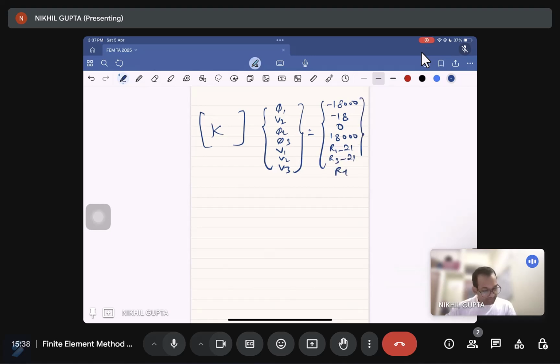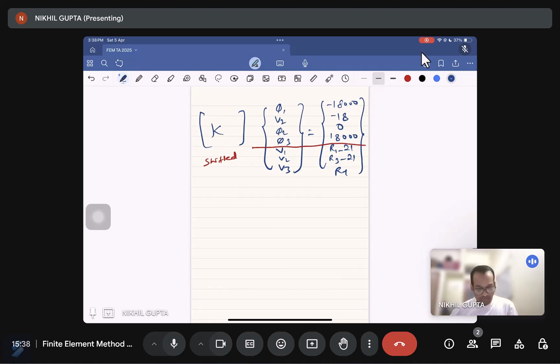So what I have done, I have shifted the known values of displacement downwards. Accordingly, K should be shifted. I think you all know all this by now. So this is shifted K.